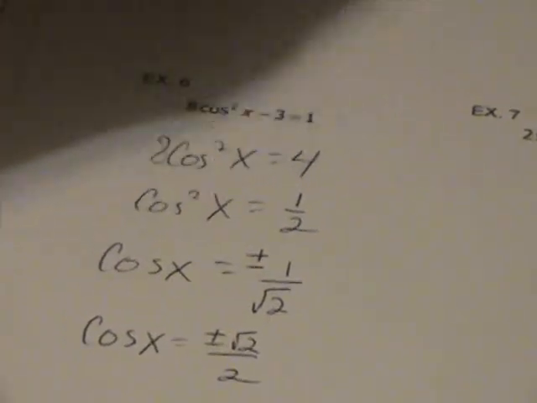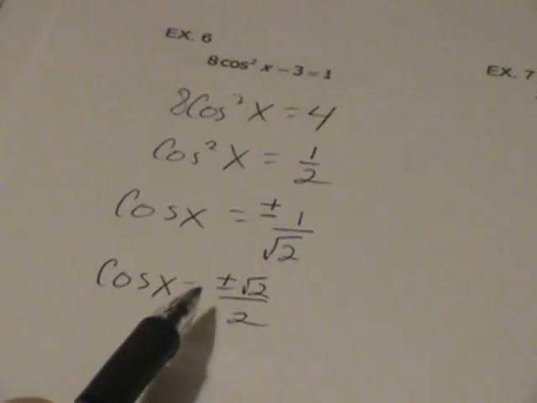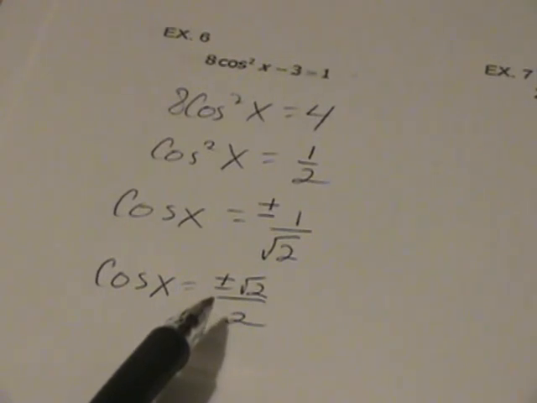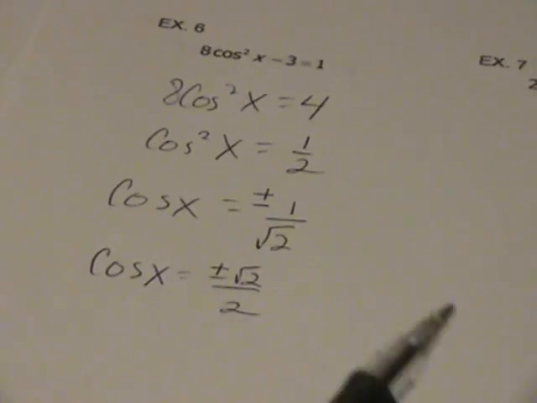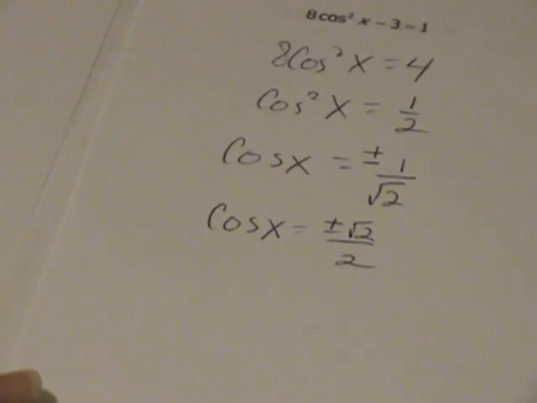Then I've got to talk about quadrants. If we have positive and negative square root of 2 over 2, then which quadrants are we working in? We're working in all four quadrants, the positives and the negatives.